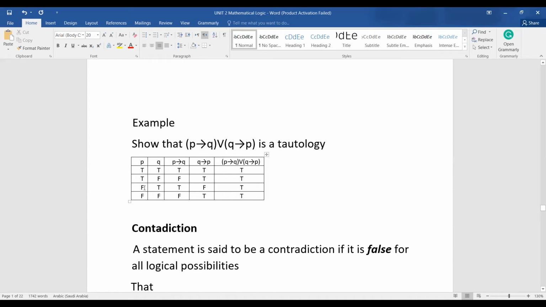If P is false and Q is true, it would give us a true statement. And if P is false and Q is false, it would give us a false statement. Sorry, here it should give us a true statement.